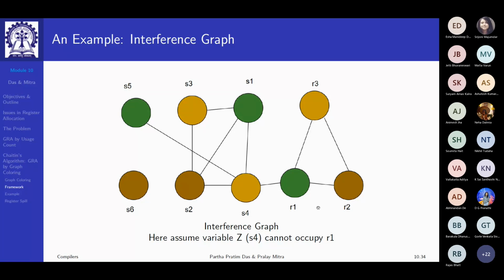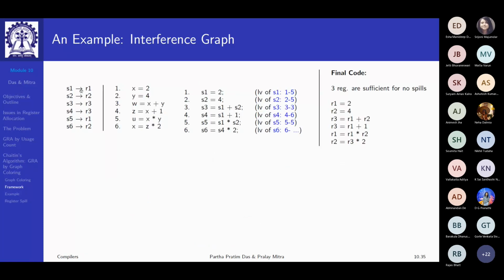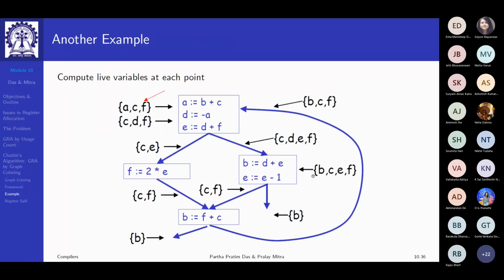So those are the mappings, and this is the code I had. Now I replace S1, S2, S3 and the rest by R1, R2, R3, and you can see that instead of 6 symbolic registers, with 3 registers and no spilling, we can solve this allocation problem. So that is the basics of the algorithm. Let me show you another example.